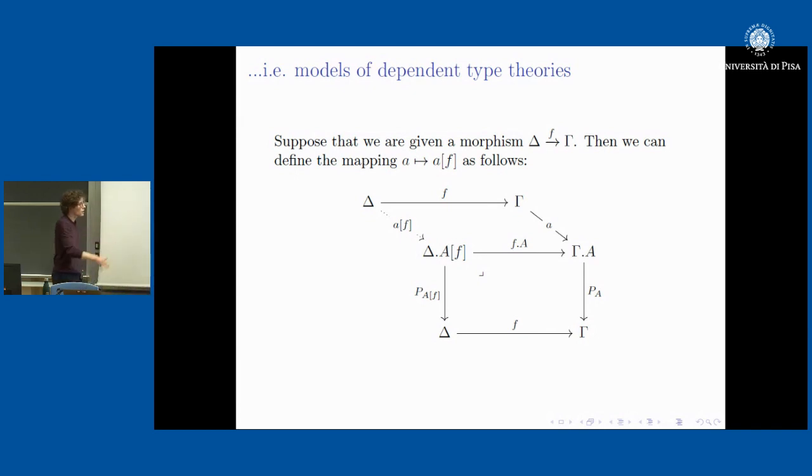So in this way, up to defining how to interpret any judgment of a dependent type theory, one can prove that this notion of substitution models all of the rules of the substitution of Per Martin-Löf dependent type theory. So this provides a notion of sound semantics for any dependent type theory, up to giving a choice of the basic types and the basic terms.